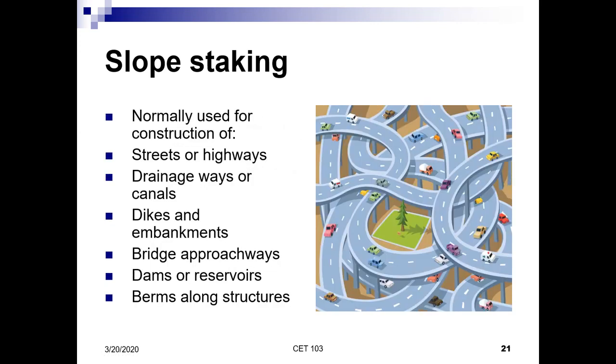Okay, slope staking in general. Slope staking is normally used in the process of construction. It's used in streets and highways, drainage canals, oftentimes when we have a uniform pattern of the design structure, whether it's going to be a roadway or an area where water would be carried, something like an irrigation channel or things of that nature.